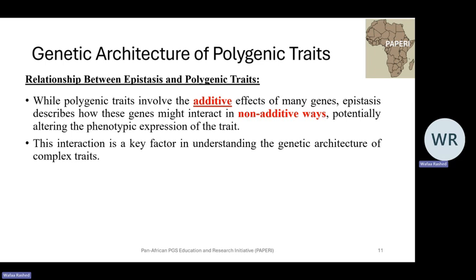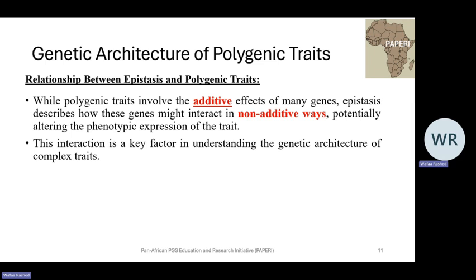The relationship between epistasis and polygenic traits is that, while polygenic traits involve the additive effect of many genes, epistasis describes how these genes might interact in non-additive ways, potentially altering the phenotypic expression of the trait.